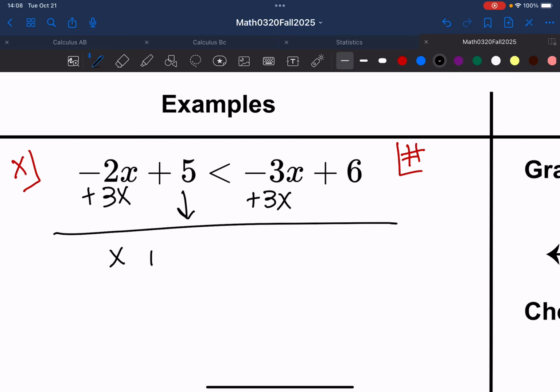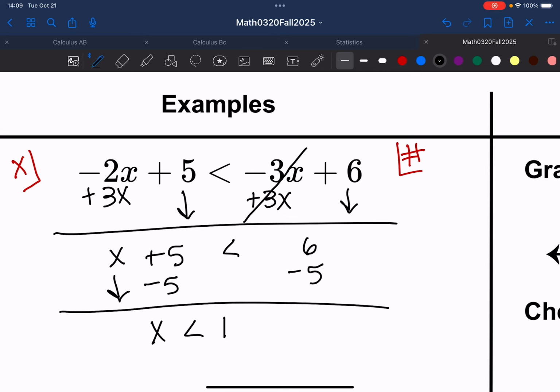I bring down the plus 5. The negative 3x and the positive 3x cancel, and I bring down the 6. Okay, and then I'm going to also bring down my inequality. Then I want to move my numbers over to the other side. So I'm going to subtract 5, and I get x is less than 1. Okay, because I bring down the x, the 5's cancel out, and 6 minus 5 is 1.